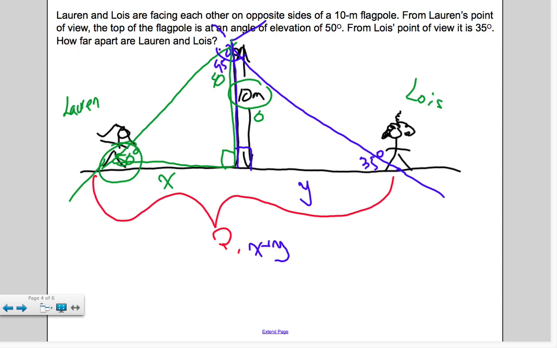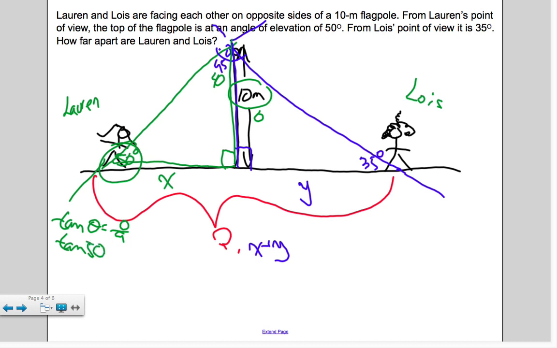Tan of theta is opposite over adjacent. So what is theta in this case? Theta is 50, since 10 is the opposite side.